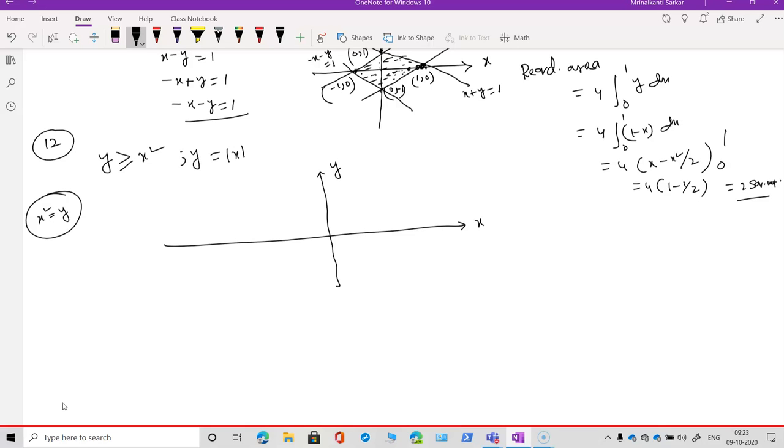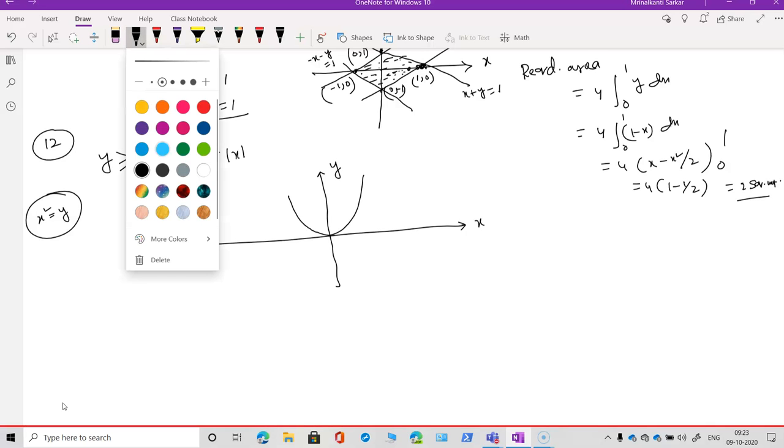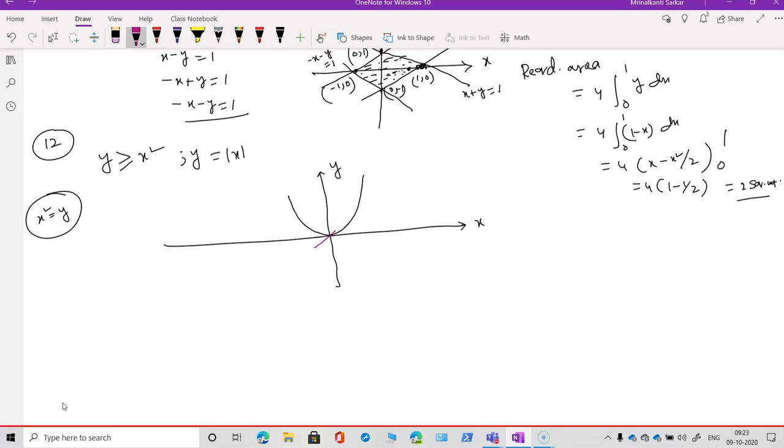X square equal to y, this we have discussed in many sums. A parabola like this. And y equal to mod x when you take, it looks like this. This is y equal to x. This is y equal to minus x. And this is the parabola y equal to x square.